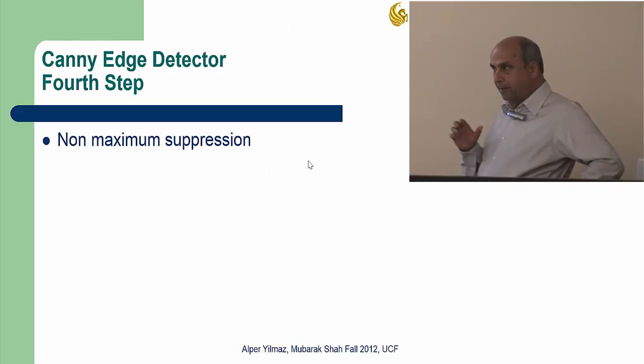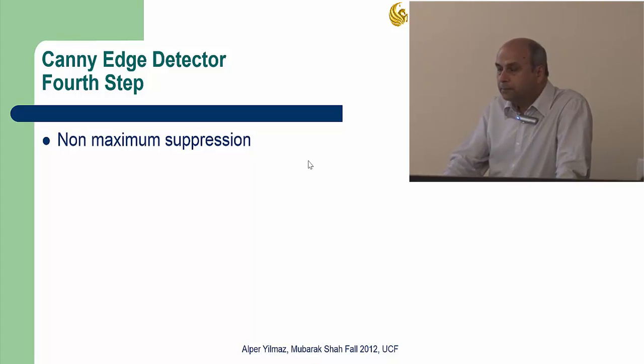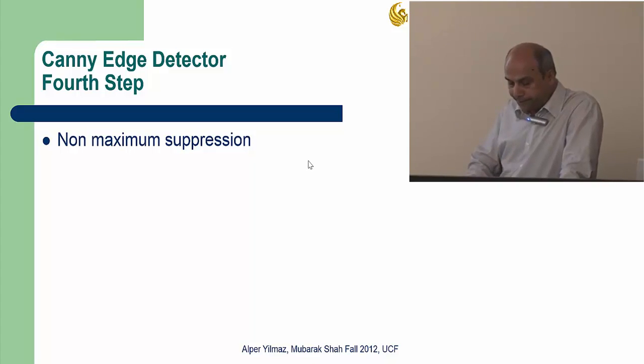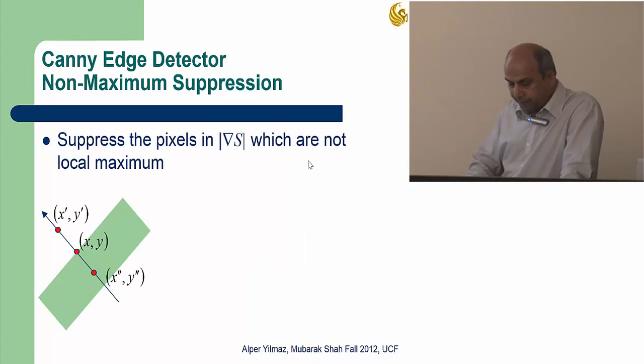So now let's talk about the, yes? What do you mean by direction of an edge? Yeah, so let's say this is the object here. As you see, there's an edge, there's an edge, there's an edge, there's an edge, and there's a rectangle.